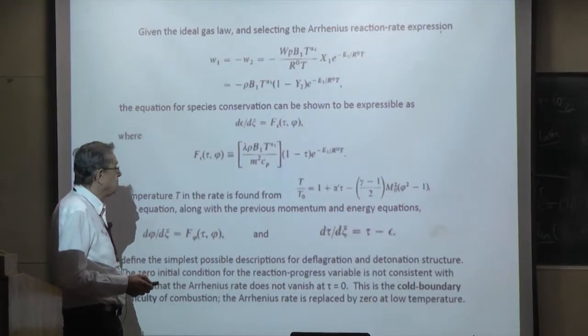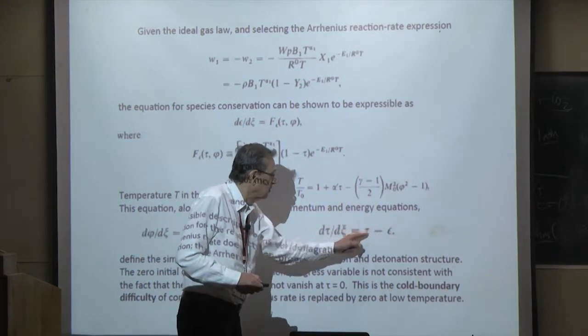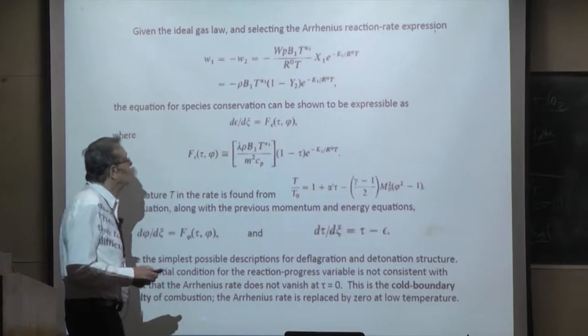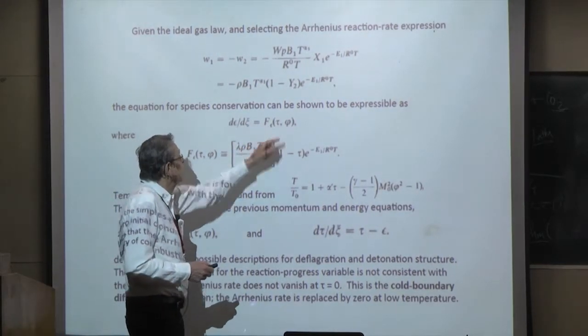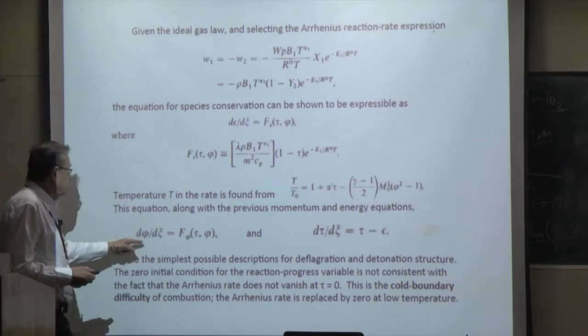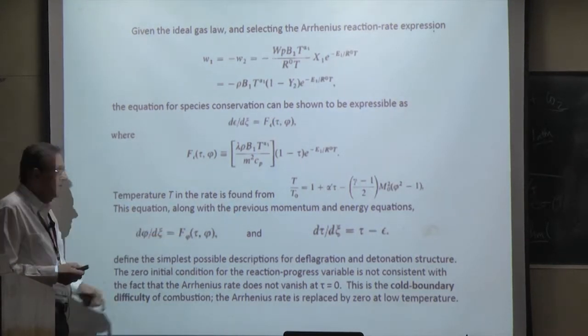The singular points for this equation are points where tau is equal to epsilon. The singular points for this equation are f sub epsilon equals 0. Singular points for this are f sub phi equals 0.